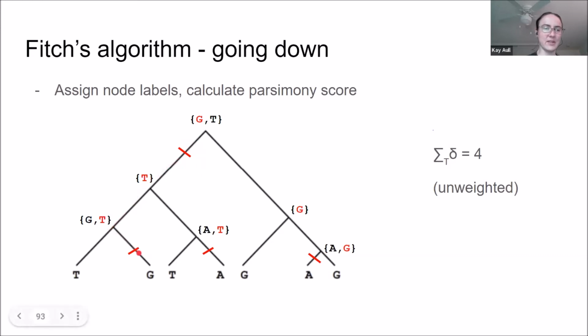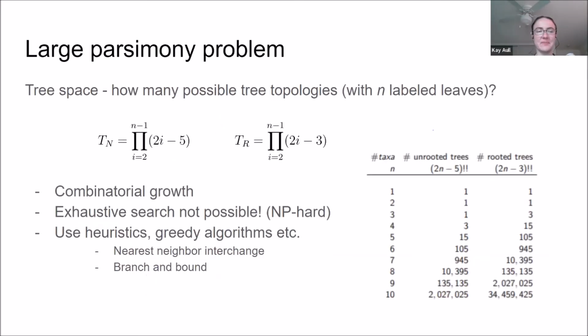And then here's mutation number 2 in order to turn it back into a G. Here's mutation number 3. And it's still a G, it's still a G. Oh, nope, that's mutation number 4. And so we would have a parsimony score of 4 on this tree. All right. If you're going to do that on a lot of trees, it gets ugly. It gets ugly real quick.